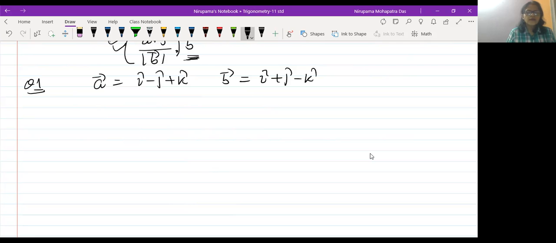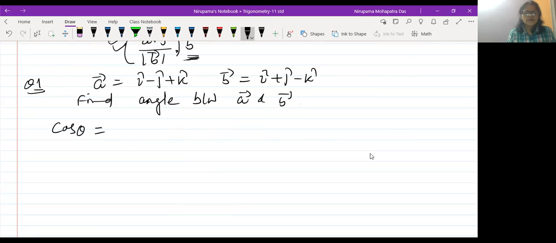Find the angle between vector A and vector B. Nothing is given about acute or obtuse. So let theta be the angle between the two vectors. Then cos theta is A dot B divided by magnitude of A into magnitude of B.